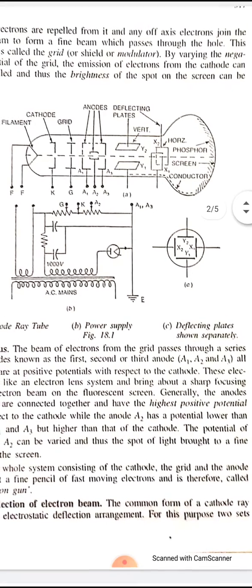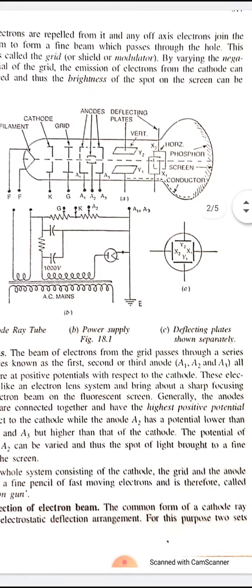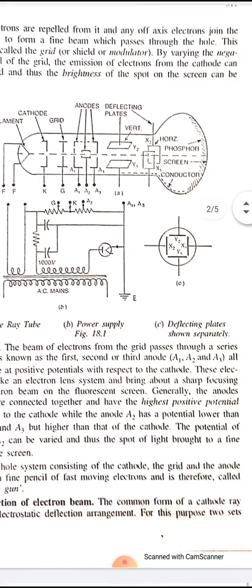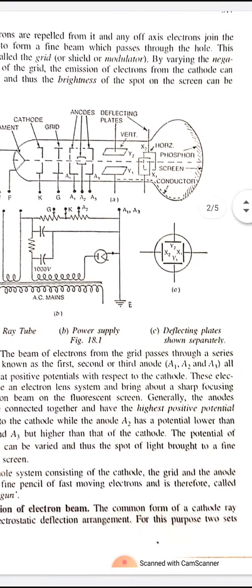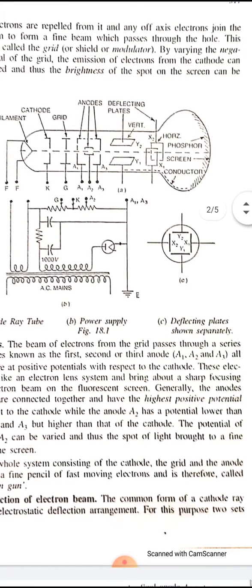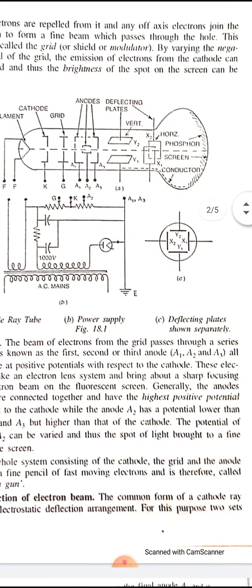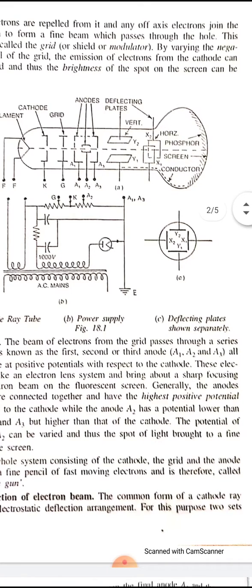The plates X1 and X2 are vertical and an electric field in the horizontal X direction is set up when a potential difference is applied to these plates, thereby causing the electron beam to move from left to right or right to left according to the polarity of the plates.